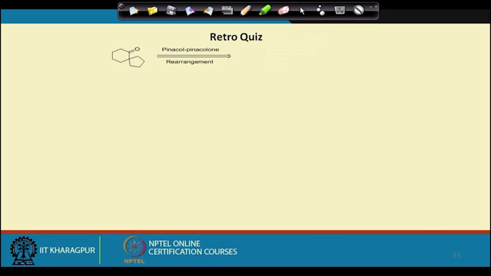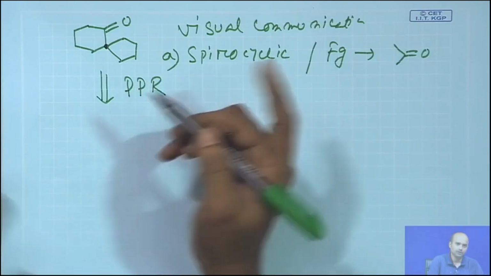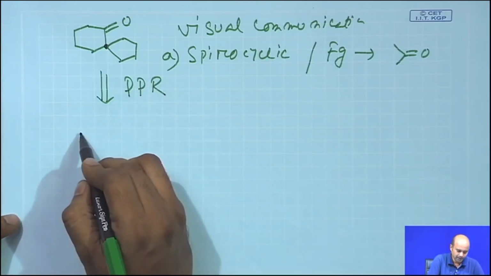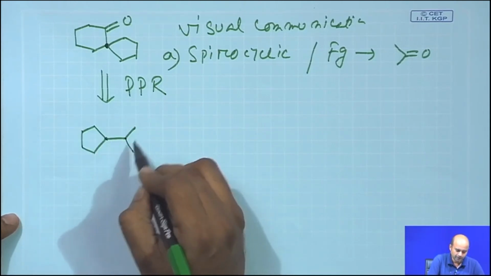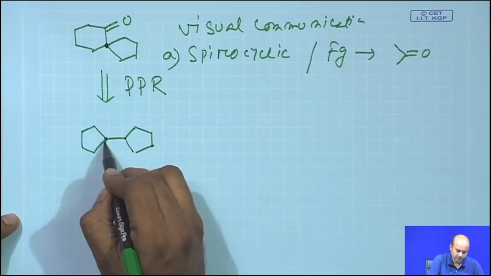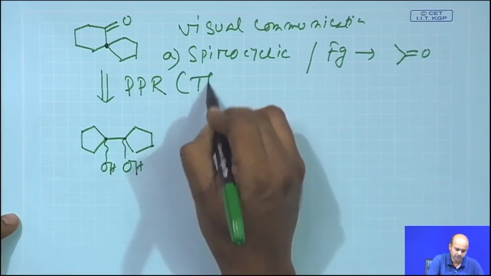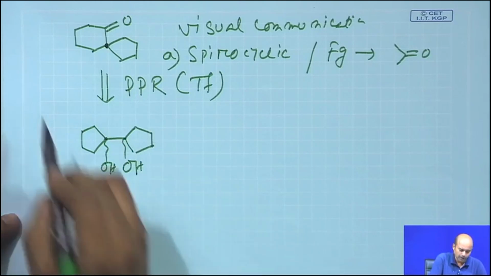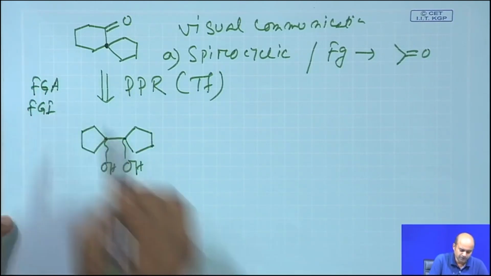Eventually, if you are familiar with certain reactions, this retro will be very straightforward to you. How? The slide says a pinacol pinacolone rearrangement, PPR. Pinacol pinacolone rearrangement is a very conventional organic synthesis transformation. PPR is a transformation, and you can also call it a functional group addition or functional group interconversion, because this is the starting material.